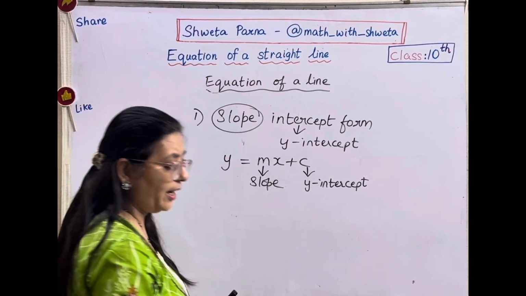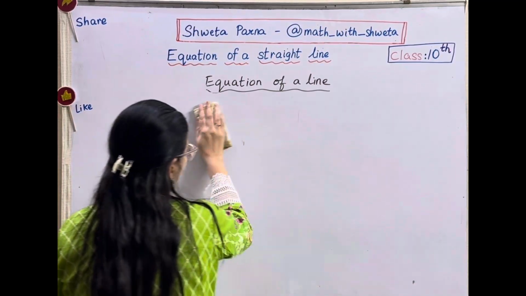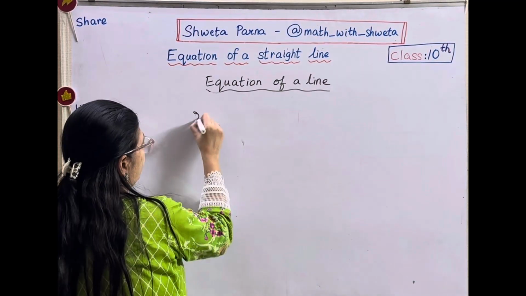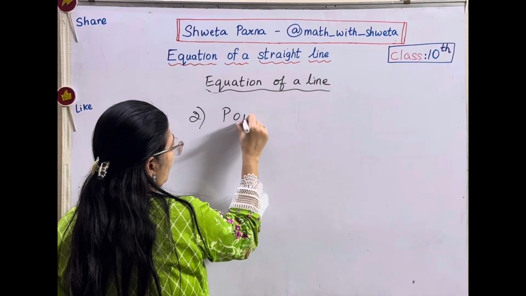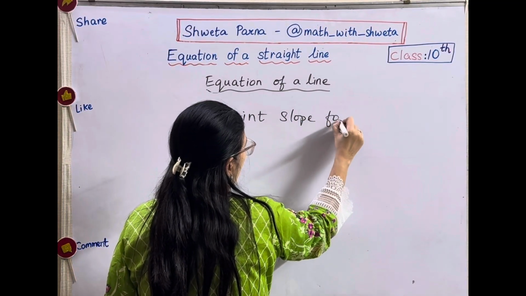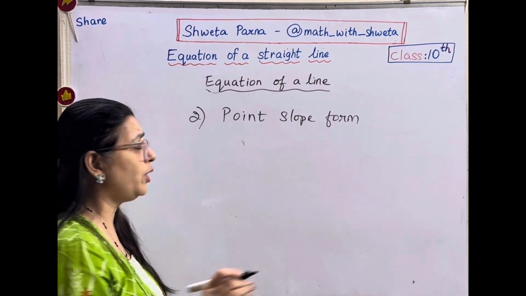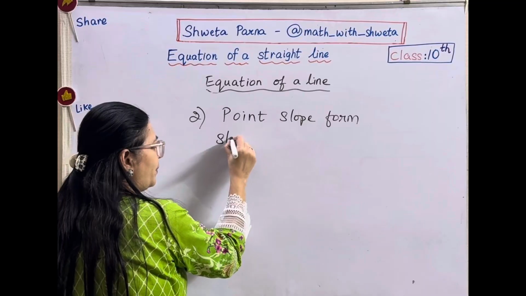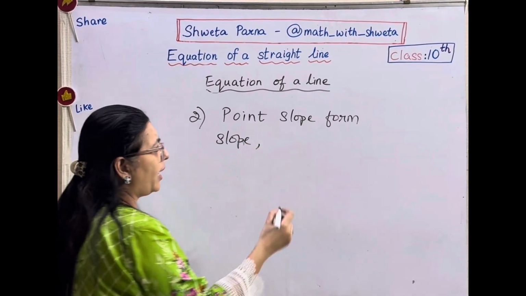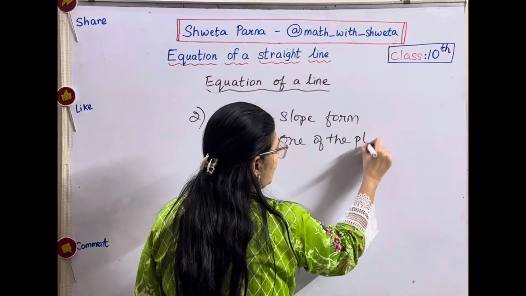Now the next equation is the point slope form. The second equation is the point slope form. When are you going to use this equation? You are going to use it when the slope is given to you and one of the points is given to you.